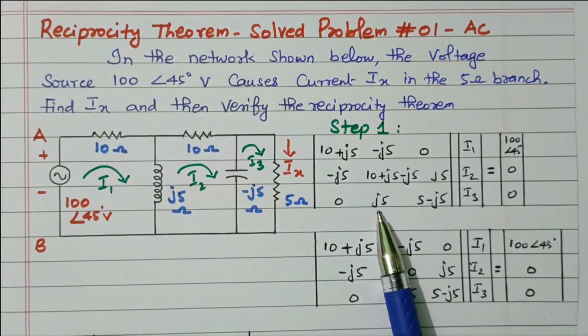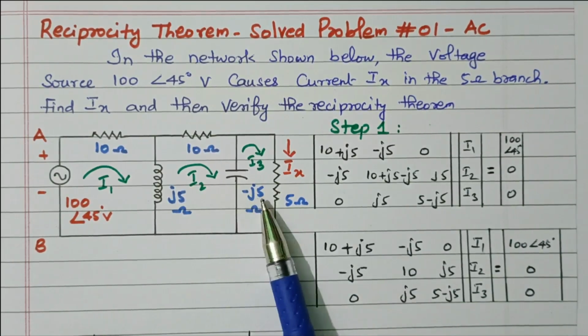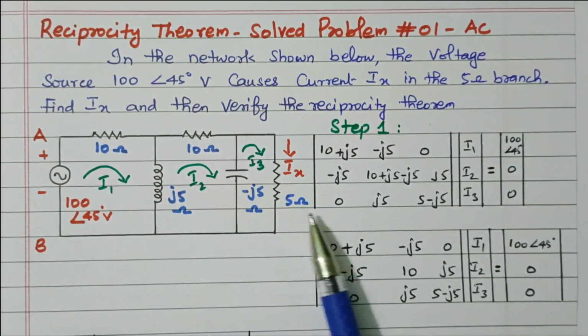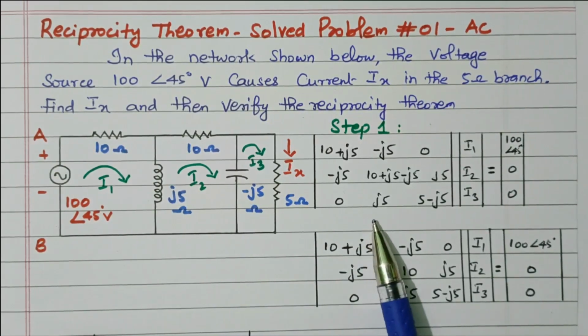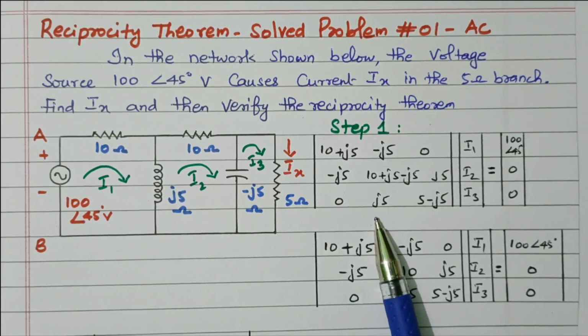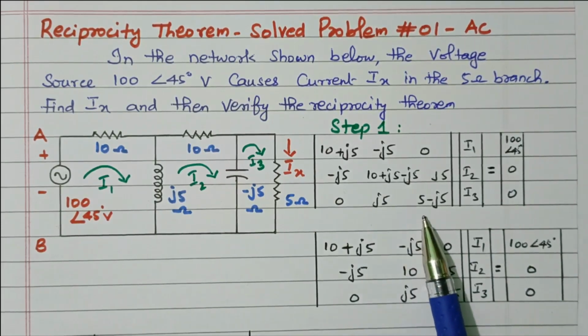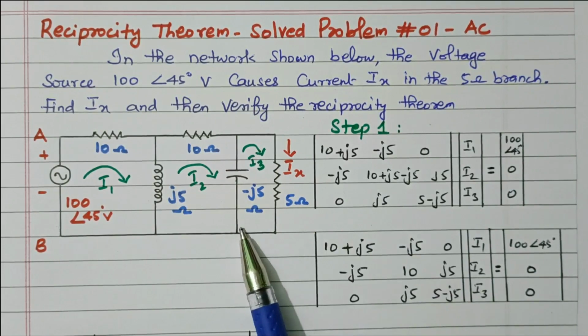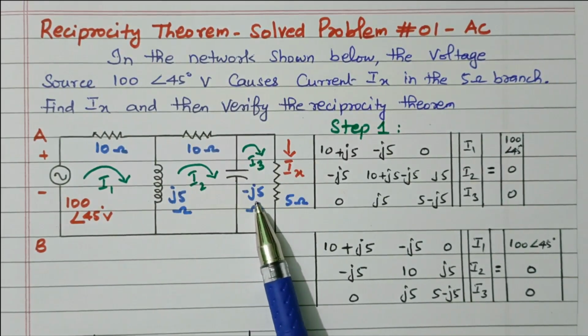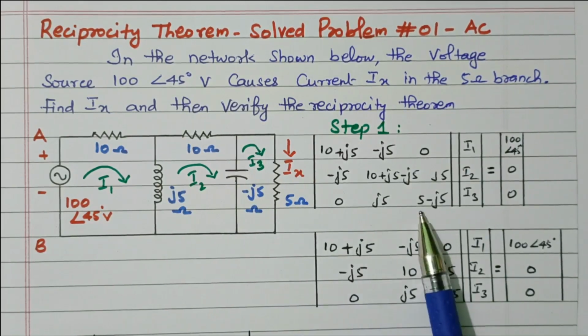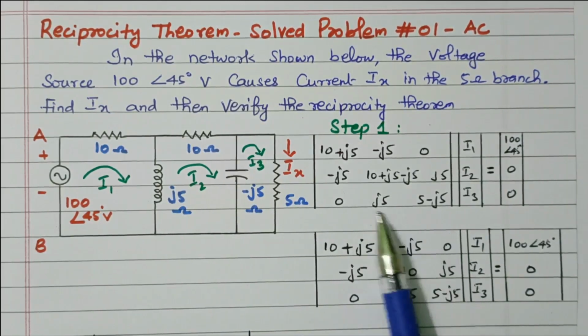Then R32, between third loop and second loop, is minus j5; already one minus is there, so it becomes plus j5. R33, the impedance in the third loop, is minus j5 and 5 ohm, so 5 minus j5.